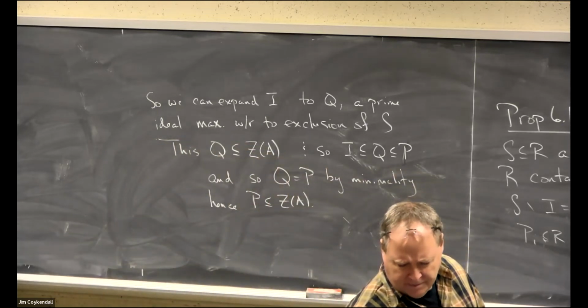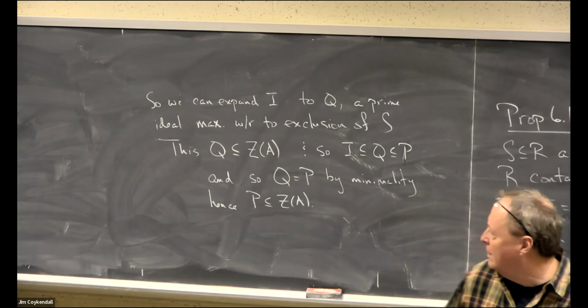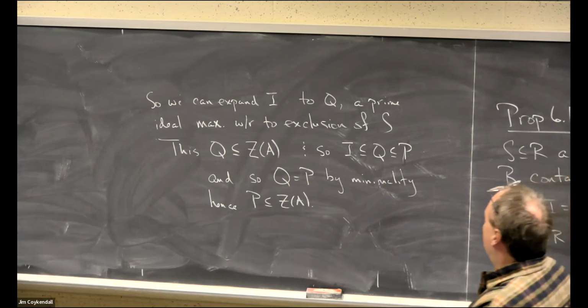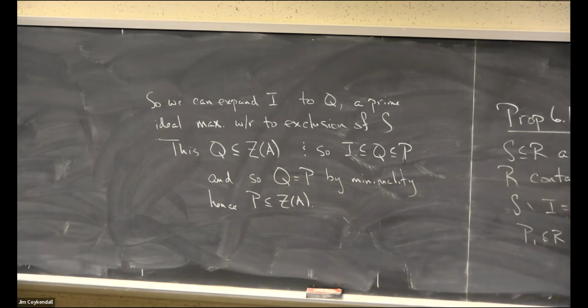Okay. What is the conclusion that Q is contained in P? Well, let's see here. P is minimal over I. And so what we have is, here's S, the set of these pairs.